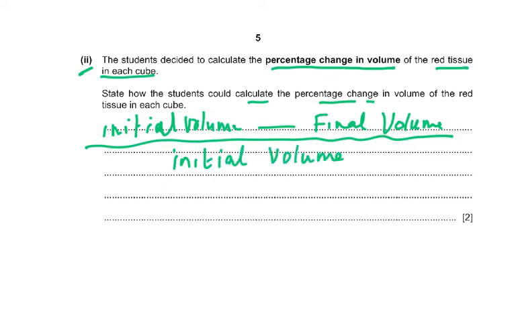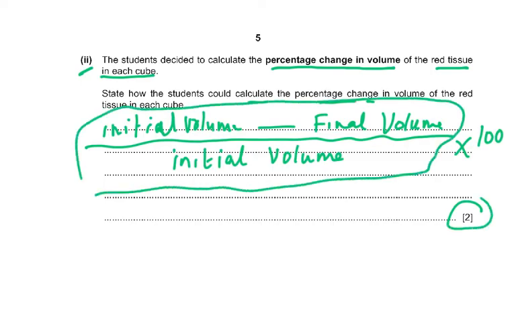And then you multiply this by 100. So this gets you your 2 marks. 1 mark is for this formula if you wrote that, and the other mark is for multiplying it by 100. So initial volume minus the final volume of the red cube and divided by the initial volume of the red cube and into 100.